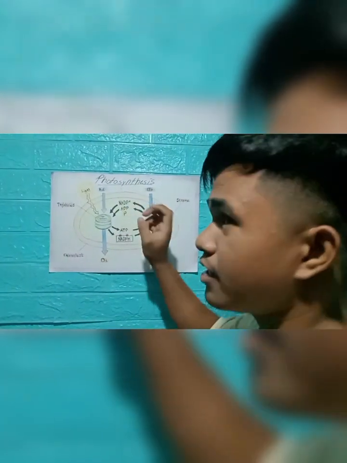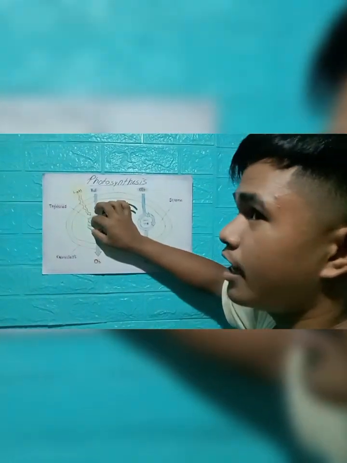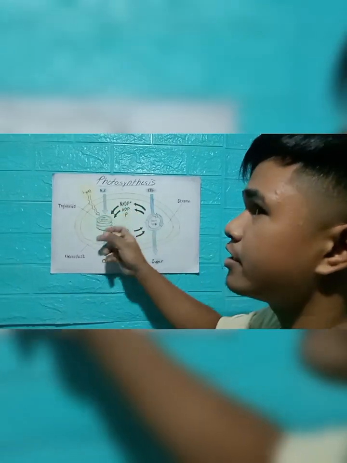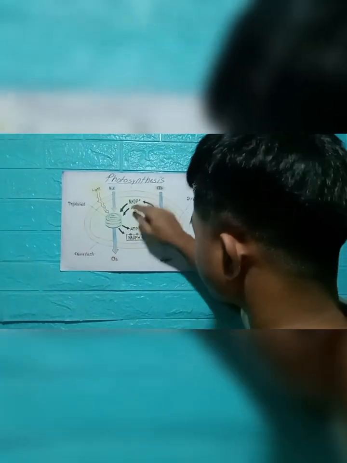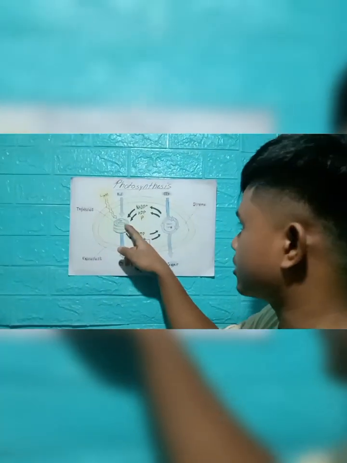When oxidation happens, electrons and energy are released, and they remain inside the thylakoid.